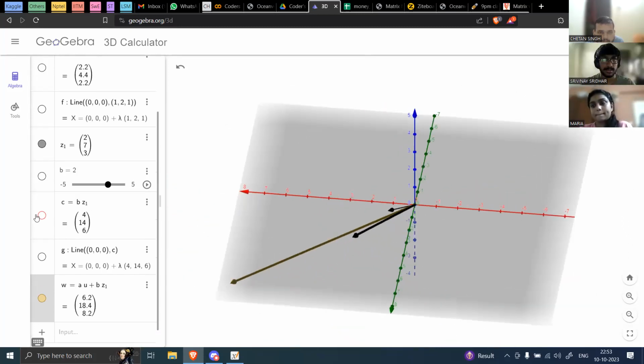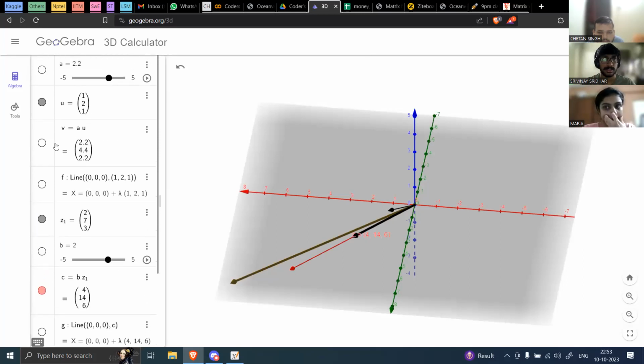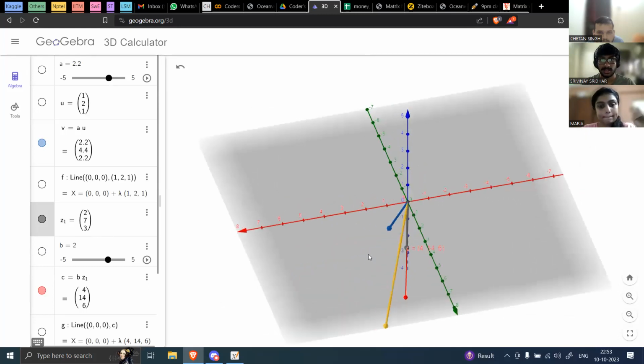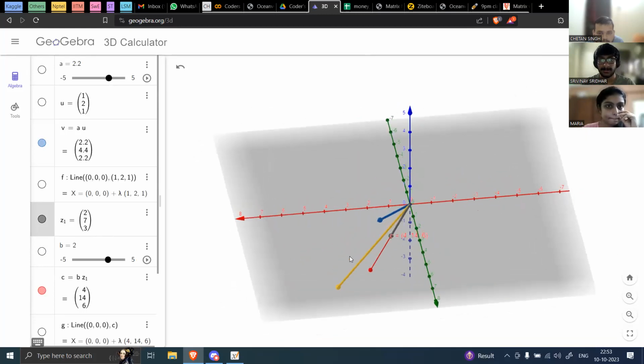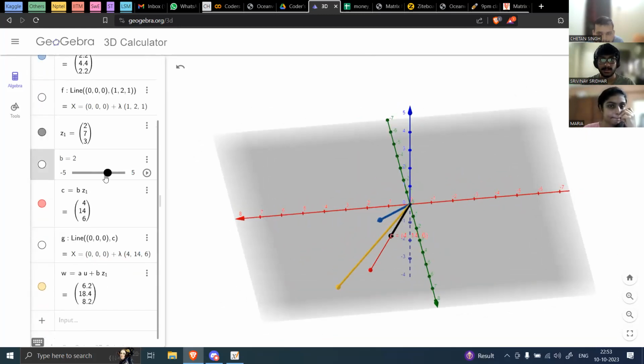Do you want me to keep this and this instead? That's what you're saying? Because the addition of this is what is yellow, right? If I change B, I can see this changing. Isn't this better?